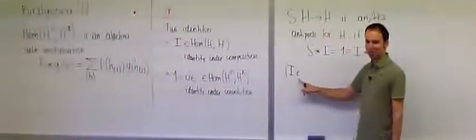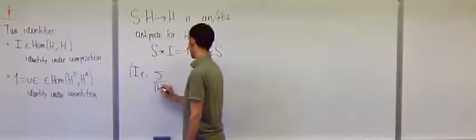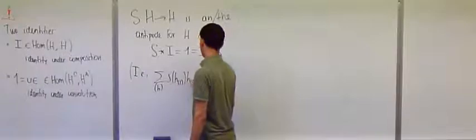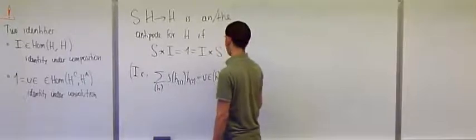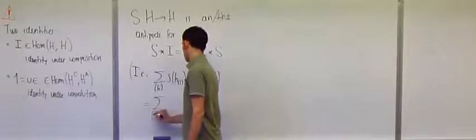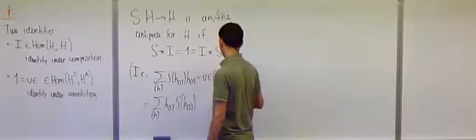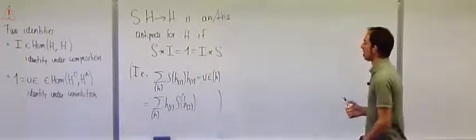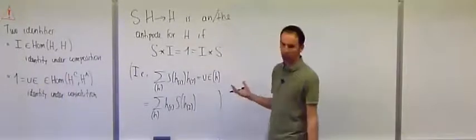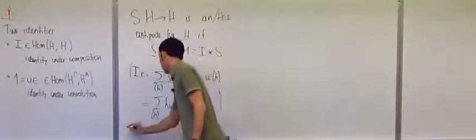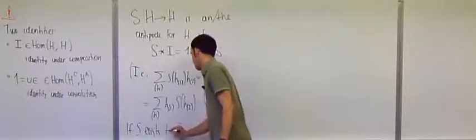This is i.e., which is id est, that is in Latin. So that means that the sum over h of S of h1, h2 should be equal to u epsilon of h, which should be equal to the sum over h of h1 S of h2. Okay. So that is the antipode for the bialgebra if it exists, and if so, we call this. So if S exists, then that makes H into a Hopf algebra.